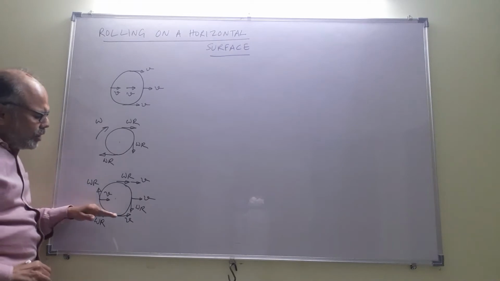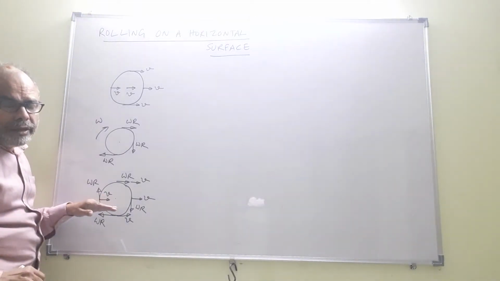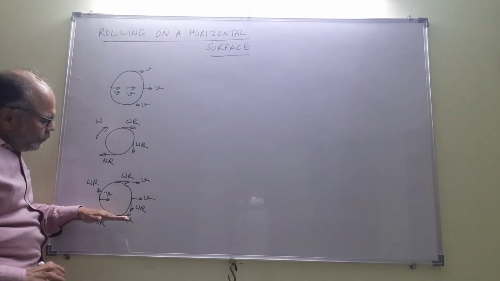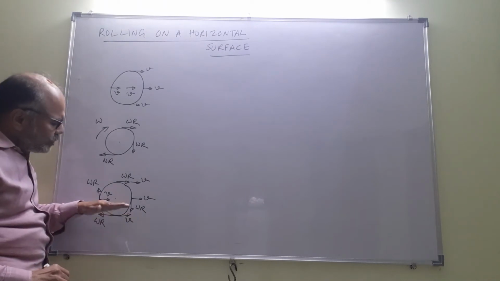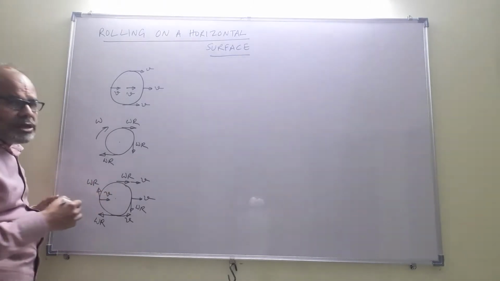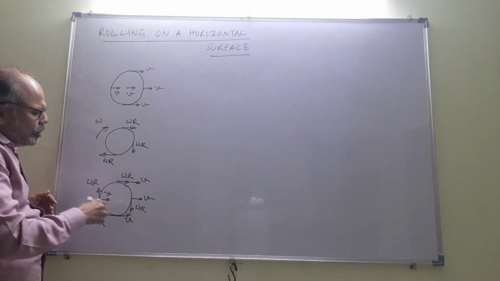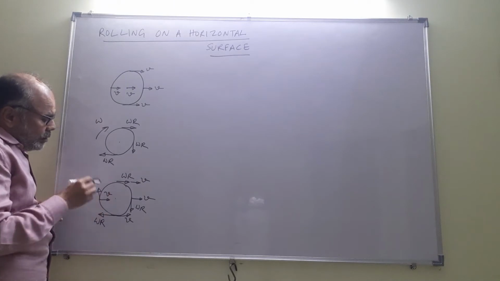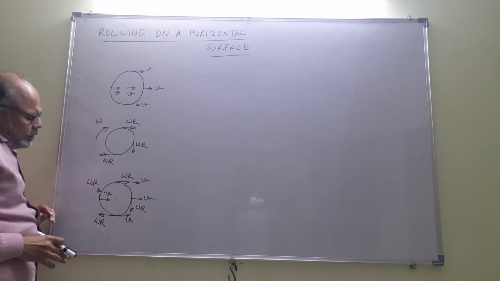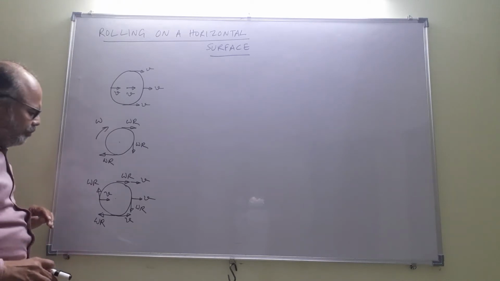So this is what we term as rolling without slipping or pure rolling. If it is pure rolling, friction will not act. Of course, in all these three cases, we are assuming that no other external force acts on the wheel and only frictional force comes into play.